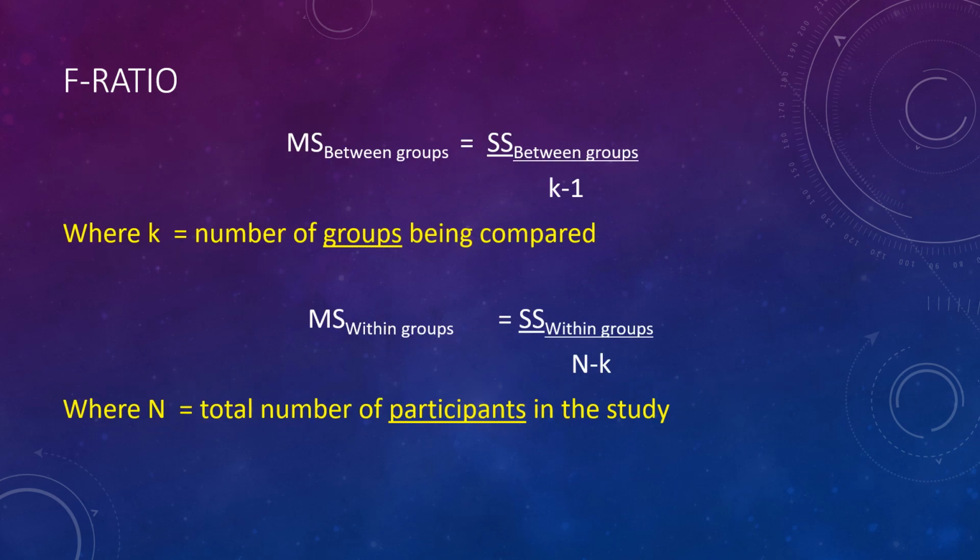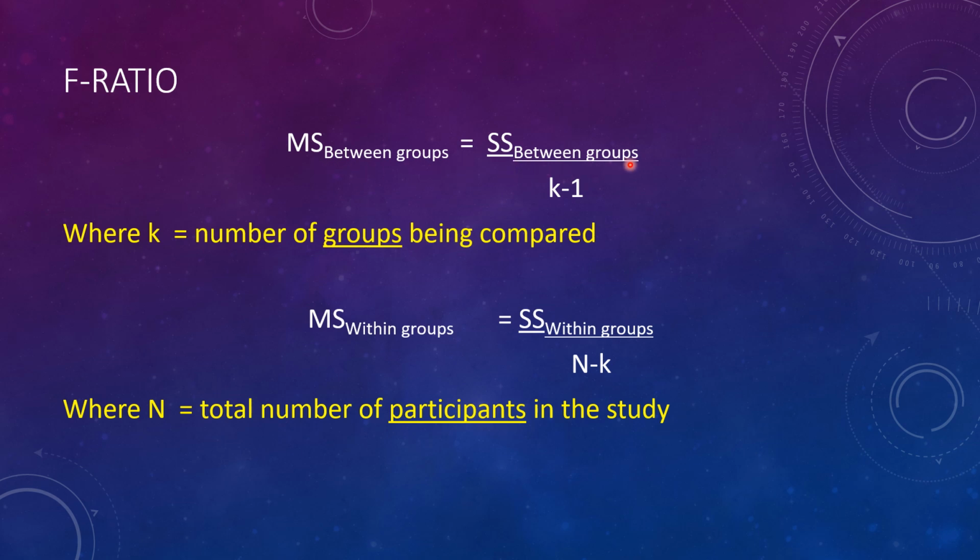Before we get to that table, we need to take a look again at what we are doing to calculate the mean square between groups and the mean square within groups. They're actually two individual fractions, fractions within fractions. It does get a bit messy, but just bear with me. So how do I calculate the mean square between groups?